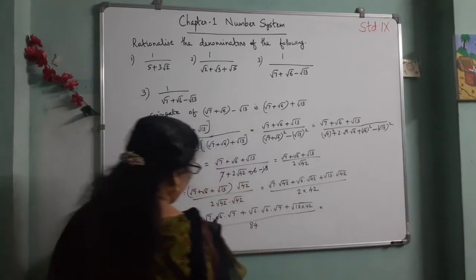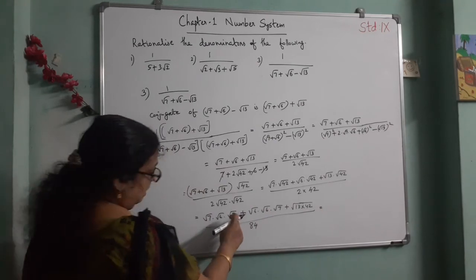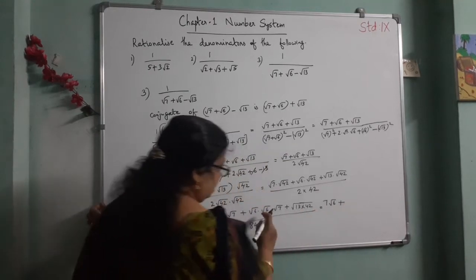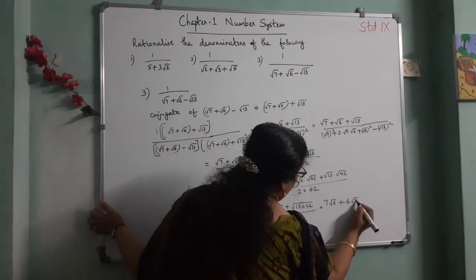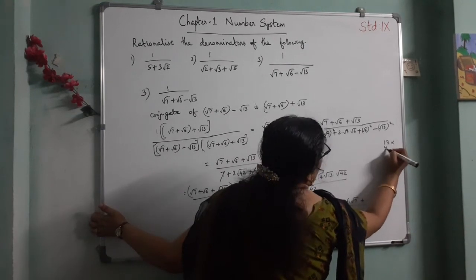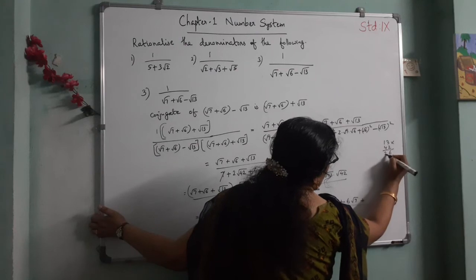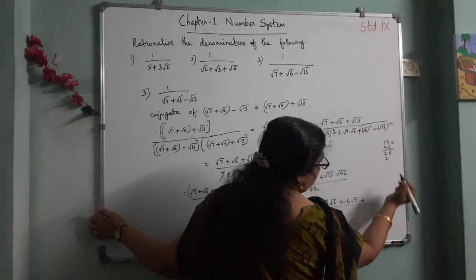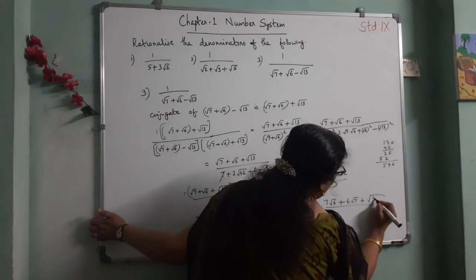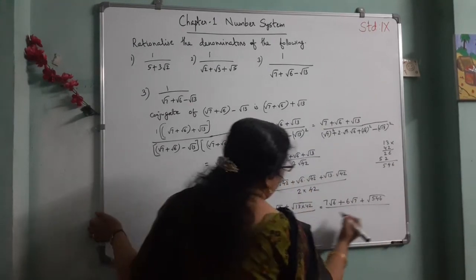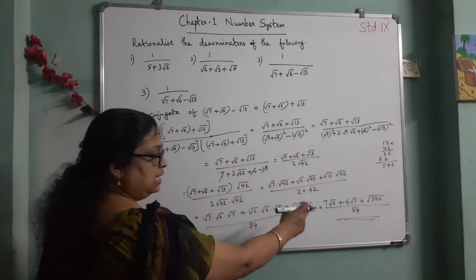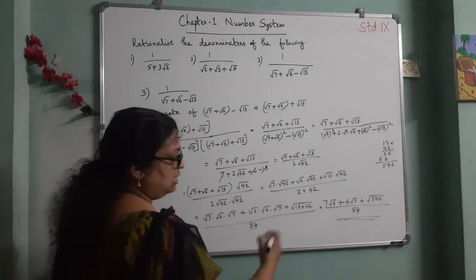So this is equal to root 7 into root 7, 7, that is 7 root 6, root 6 into root 6, 6, plus 6 root 7, then plus we multiply 13 into 42. 2 3s are 6, 2 1s are 2, 4 3s are 12, 4 1s are 4, plus 1, 5, 6, 4, 5, that is root 546 divided by 84. So the answer is 7 root 6 plus 6 root 7 plus root 546, divided by 84.